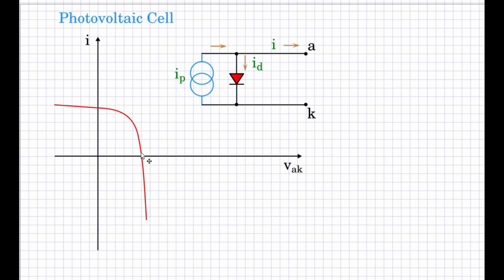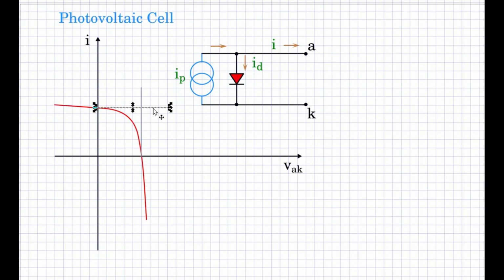So the photovoltaic cell has this unique feature of being a combination of a constant voltage source and a constant current source. Let us draw a line. This is the constant current line. Let us draw another line. This is the constant voltage line.